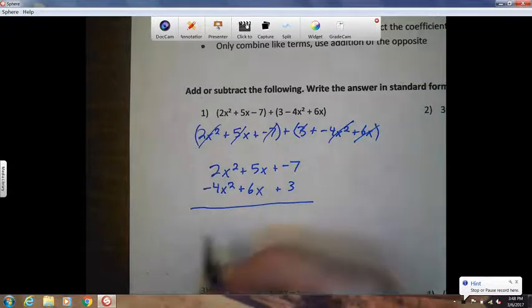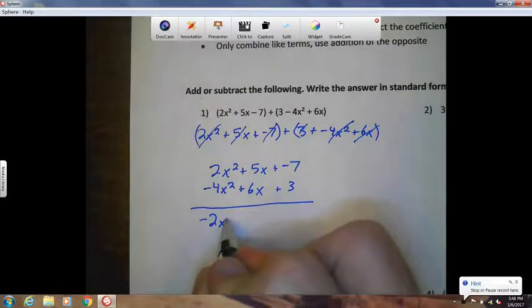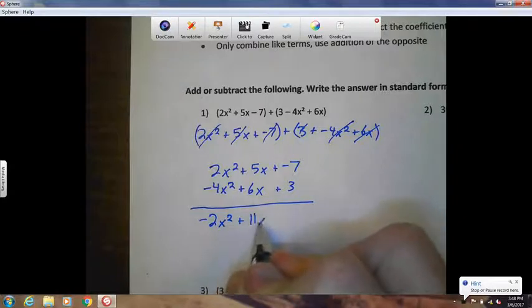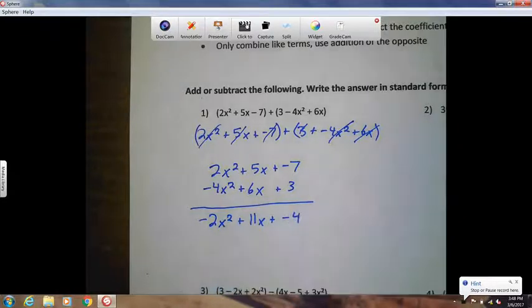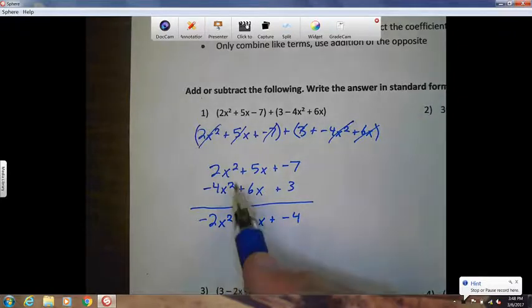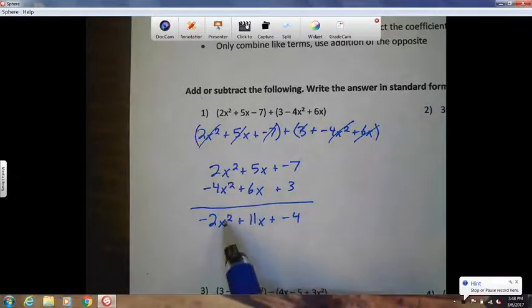So that's negative 2x squared, 11x, and negative 4. Notice I have plus signs between all of them. Notice I'm not changing the variables at all, because I'm just combining my like terms. And I write it in standard form. The highest exponent goes first.